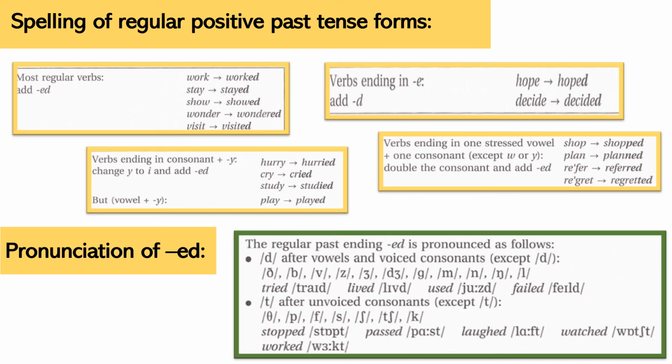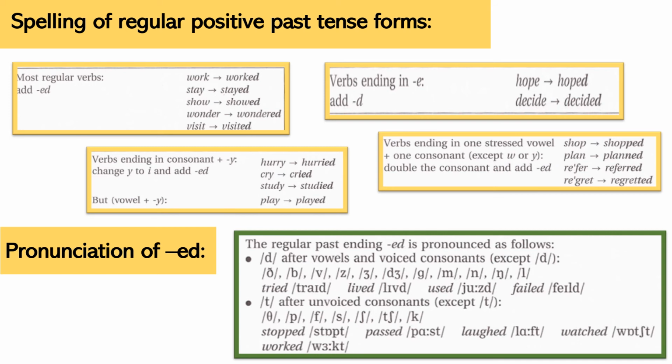So the first group, the regular past ending ed is pronounced as d after vowels and voiced consonants, but except for d. Examples: tried, lived, used, and failed.